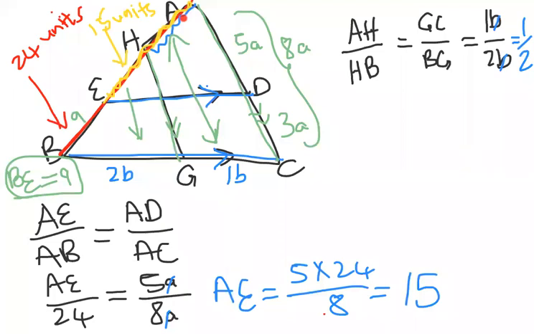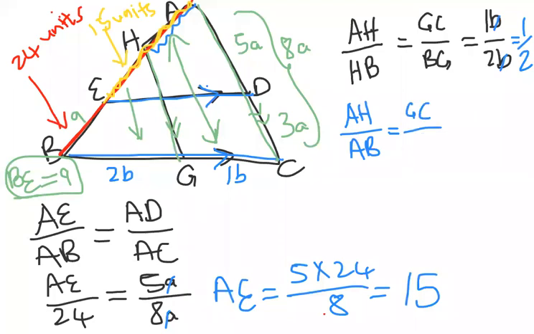Let's see if we can do something different. So I'm going to say here AH, but I'm going to use the whole line now of 24. So let's see if I can use AH divided by the whole AB. So this is AH divided by the whole AB. And I'm going to say that's GC divided by BC.